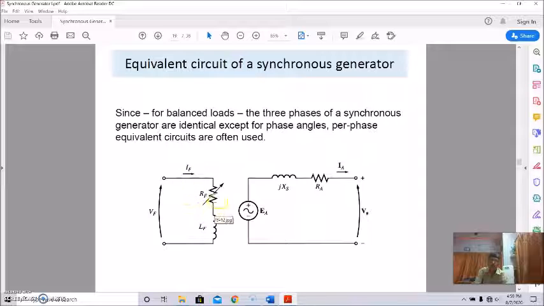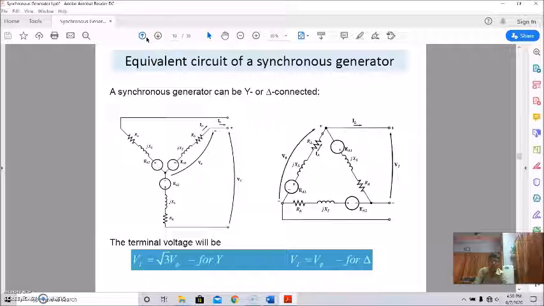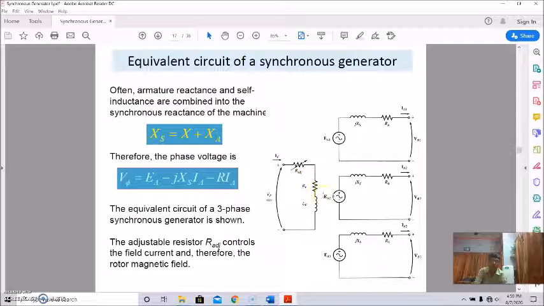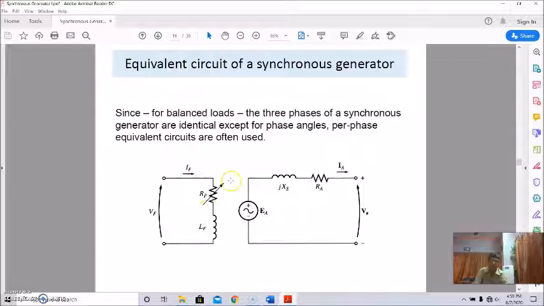This is the field current, and this is the field resistance, that is the field coil resistance plus the adjustable resistance. Together they give you the field resistance, and it is varied to control the field current, or you can say to control the main magnetic field.